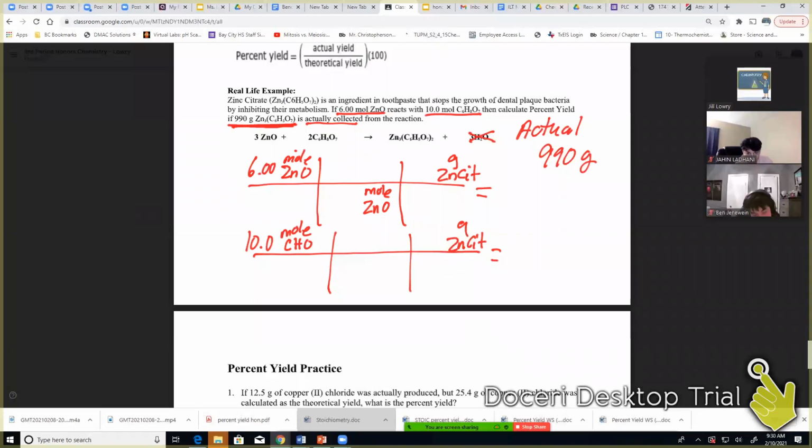So how many moles of zinc oxide do I have? 3. And how many moles of my unknown, this product? 1. And then we would have moles of zinc citrate down here, and then you would have to figure the molar mass of that.